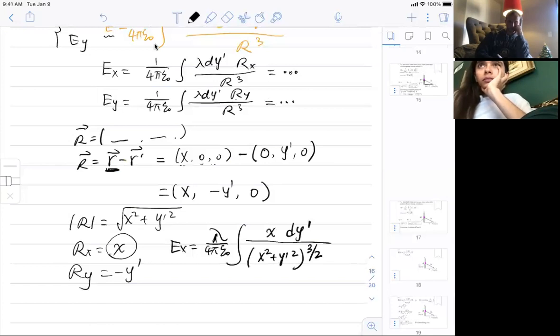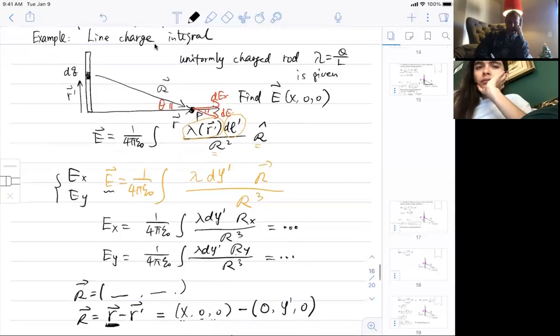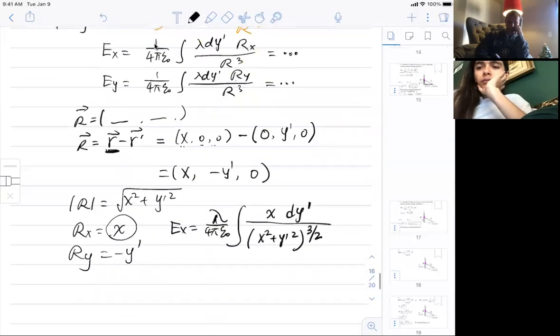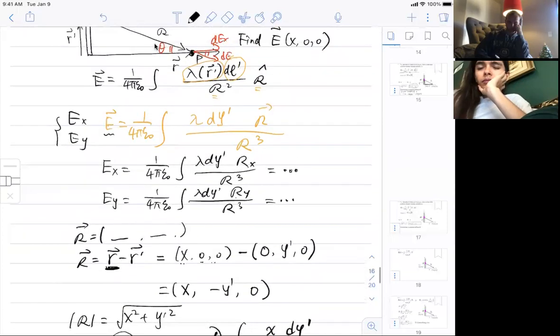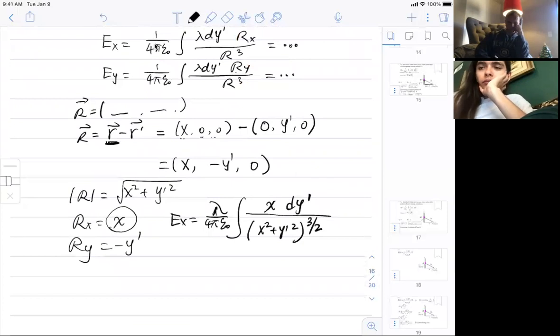You can see I did not go back to my diagram and didn't bother with looking at cosine theta. If you had done that, you would end up with the same expression: cosine theta, which is x over r. You'll get the same x here, and you'll get an r in the denominator. So E sub y, if you were to calculate it, is the same thing, except it's going to be negative y prime dy prime over this.